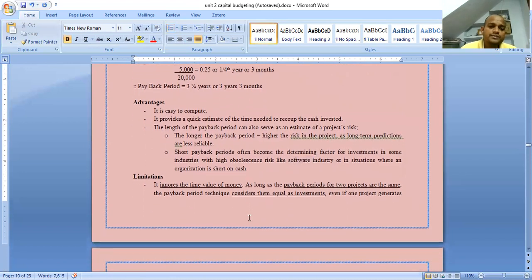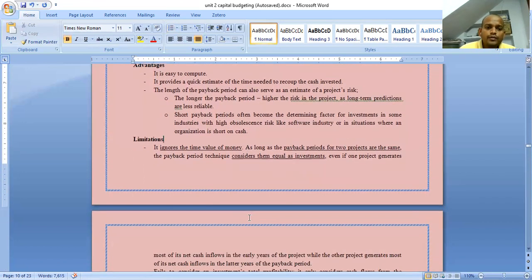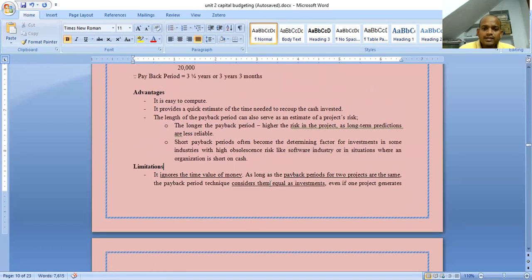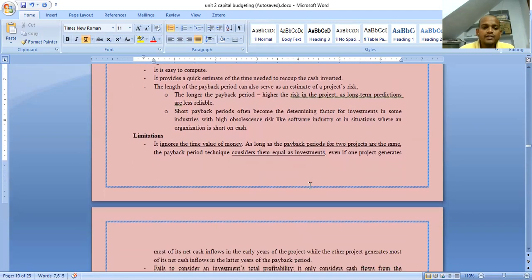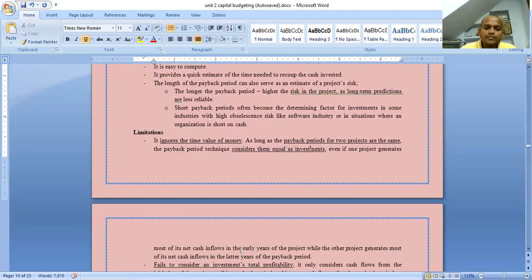So limitations: it ignores the time value of money. As long as the payback periods for two projects are the same, the payback period technique considers them equal as investments, even if one project generates most of its net cash flows in the early years, while the other project generates most in the later years.